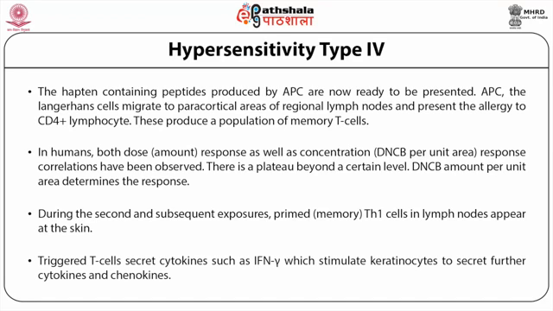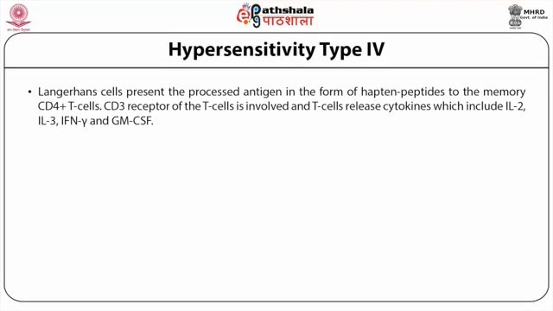Triggered T cells secrete cytokines such as interferon gamma, which stimulate keratinocytes to secrete further cytokines and chemokines. Langerhans cells present the processed antigen in the form of hapten peptides to the memory CD4 plus T cells.